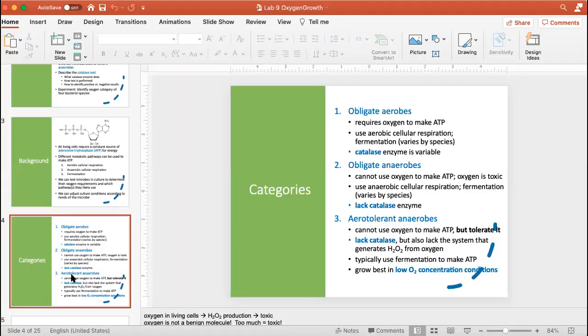They will grow in a condition where there's no oxygen. They will grow when they're in room air. But they grow best when there's a low level of oxygen present. They're not using it to make ATP, but for some reason, metabolically, they prefer to have a little oxygen around. So those are the first three categories.